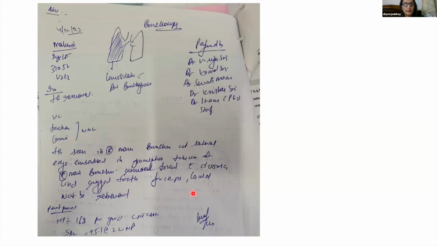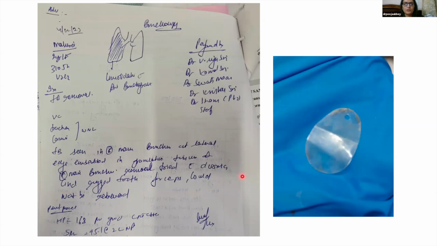So this child, ultimately, they had to refer to the pediatric surgeons, and the pediatric surgeons had to open up the child. They were able to do a lavage, clean out the mediastinum where they found an abscess, and they were able to remove the foreign body, which was a plastic foreign body that had gotten embedded there.